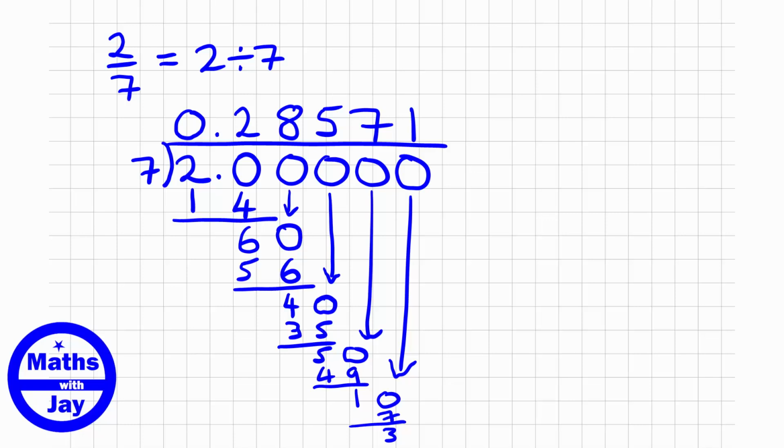We are running out of space. Bring the next 0 down. And we get 30 there. And then 7's into 30, I am running out of space. Got nowhere to write. So 7's into 30 goes 4 times. So 4 sevens are 28.